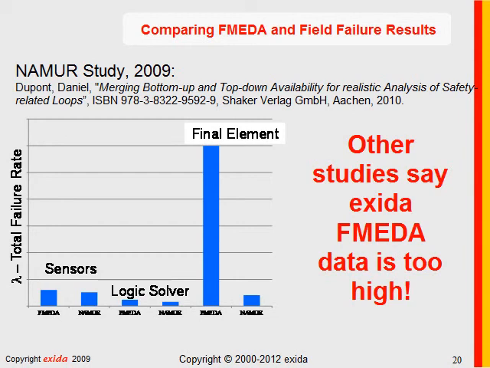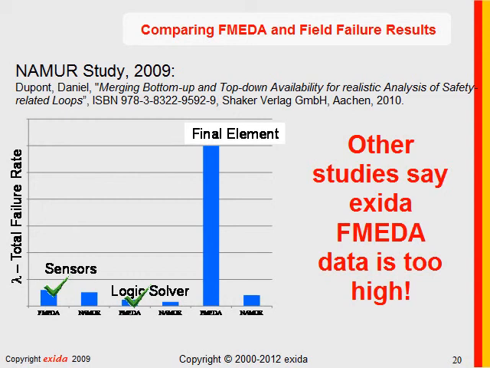That study indicated that for sensing devices, the FMEDA data was slightly higher than the Namur data. For logic solvers, the FMEDA data was slightly higher, 20 to 30%. And I think that's pretty good.